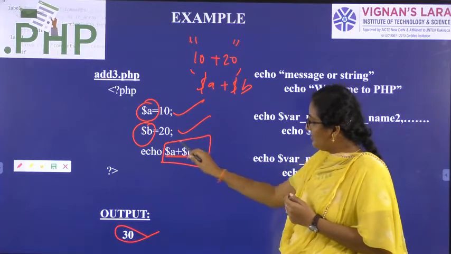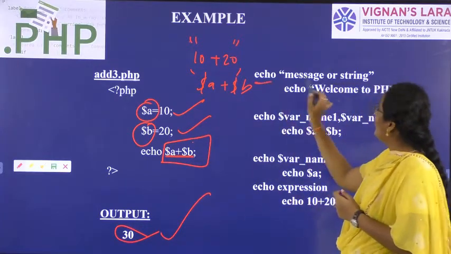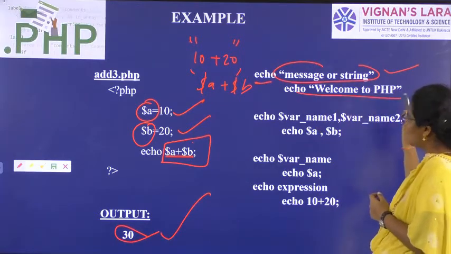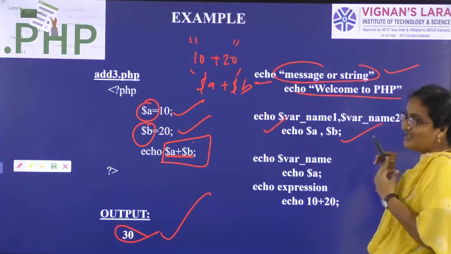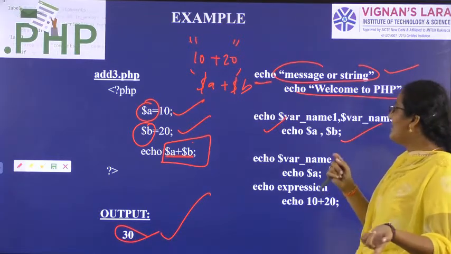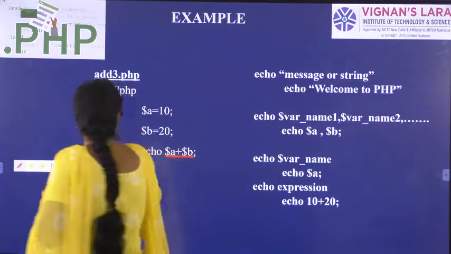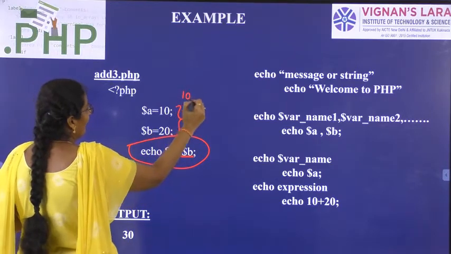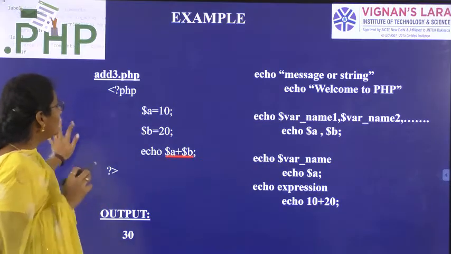When we don't use any quotations, we will get the result of the operation. So if we echo a message or string in double quotations, the same message will be output. If we echo a message in single quotations, the same single-quoted message will be output. But if we don't use any sort of quotations in the echo statement, then addition will be performed for 10 plus 20 and we'll get the output 30. So let us see.